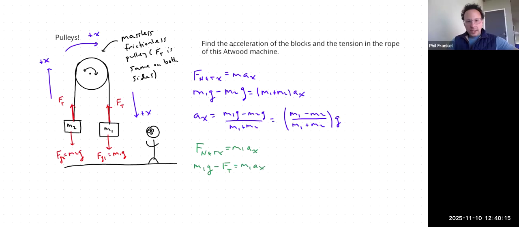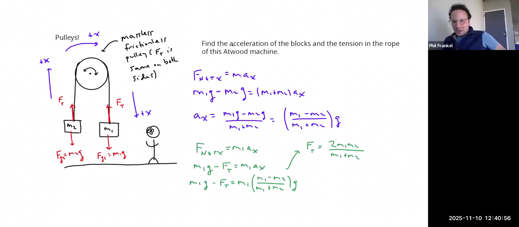We can substitute in the value of the acceleration that we just obtained up here. The acceleration of mass 1 is the same as the acceleration of mass 2, because they're connected by a rope. And this looks pretty ugly right now, but if you have the inclination, you can solve for the tension in the rope, and you will get the following result. 2m1m2 over m1 plus m2.